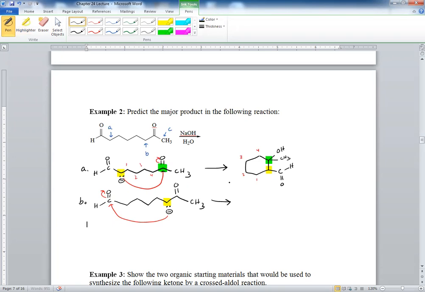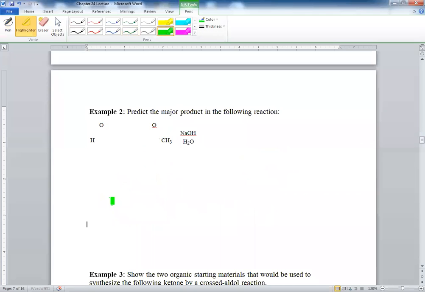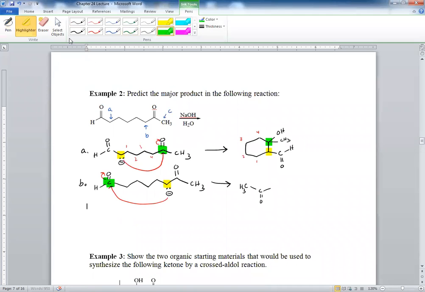Okay, so draw your ketone. The screen keeps disappearing. Not sure why. Okay, here we go.